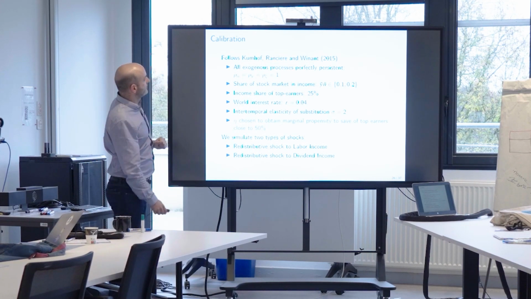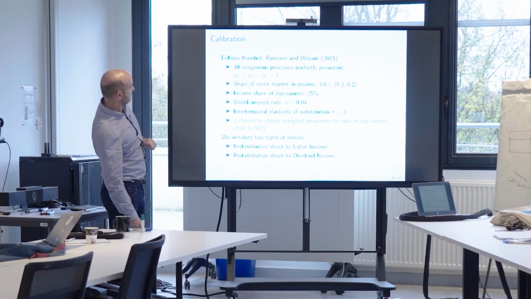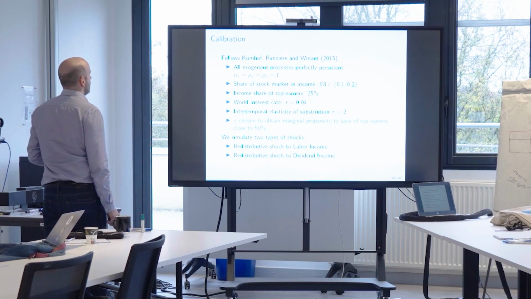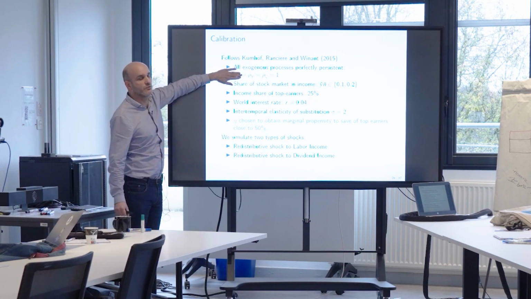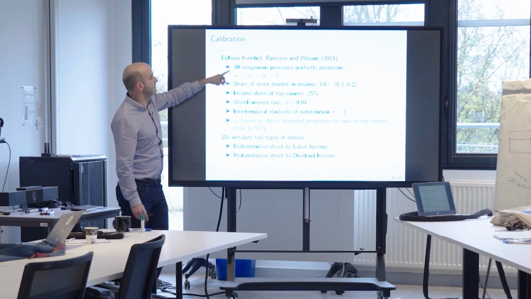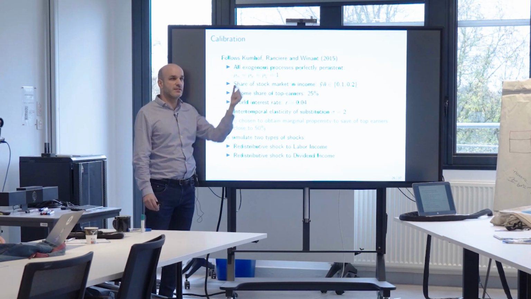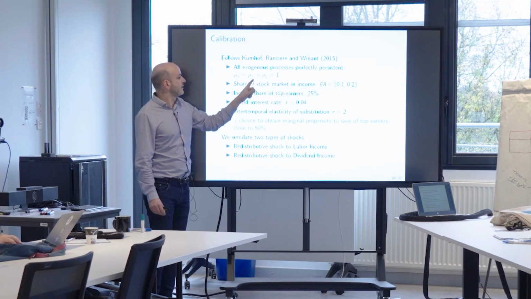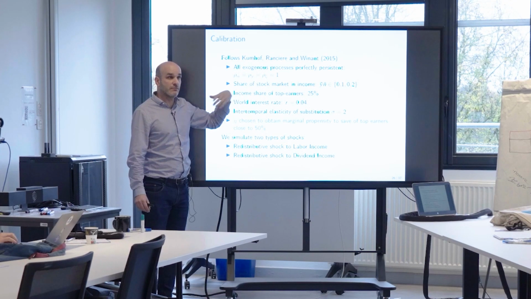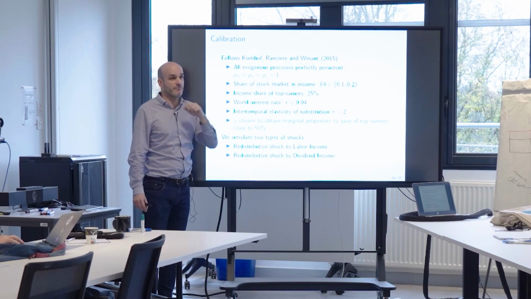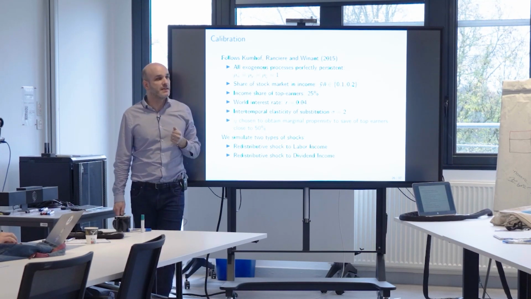I forgot. You have the rho alpha. So this is an autocorrelation of output. This is the autocorrelation of the dividend distribution shock, and this is the autocorrelation of the labor income inequality shock. So permanent shocks, they're all permanent.